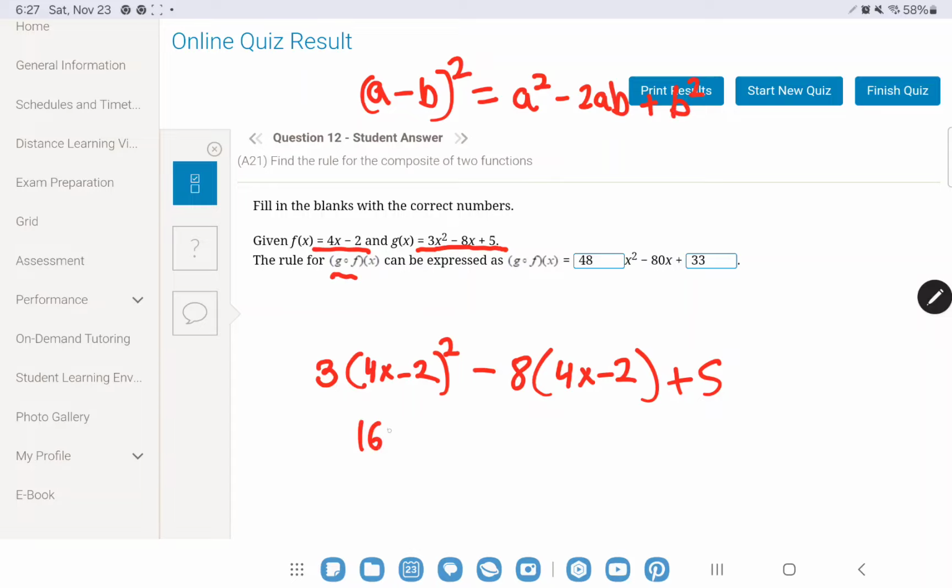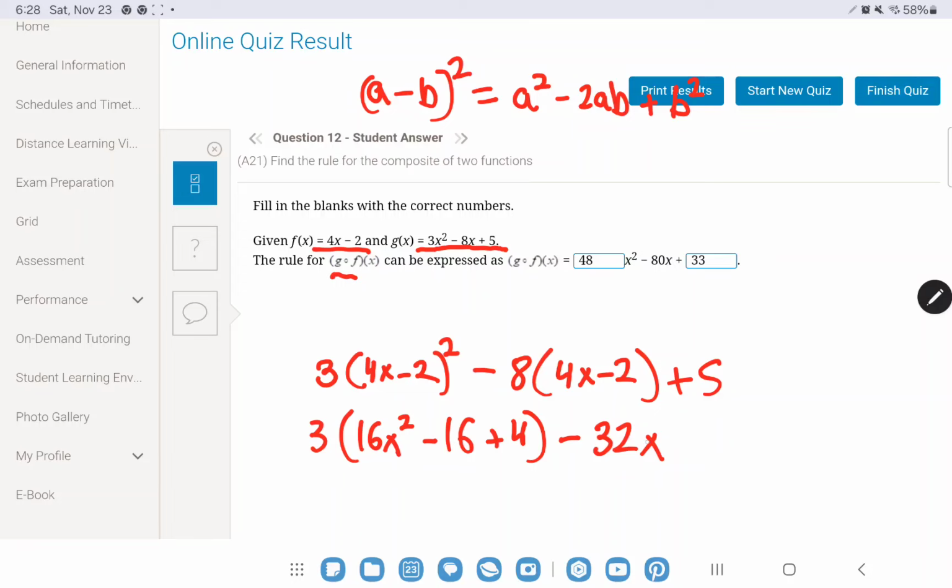So 16x squared minus 2 times 4 times 2, which is 16, sorry, minus 16x plus 4, which is 2 squared, times 3, by the way, don't forget to keep the times 3, minus 8 times 4x, which is negative 32x.